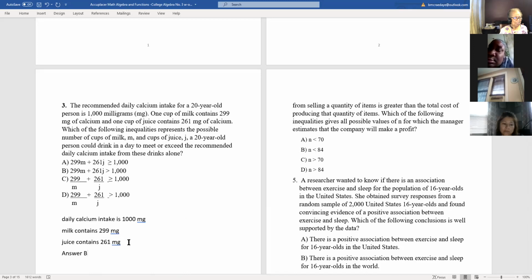It's C. C? Let me see. Cups of milk, M. Cups of juice, J. It's not divided. It would have to be the number of milligrams multiplied. It's A. So you're saying answer A. And A is correct.